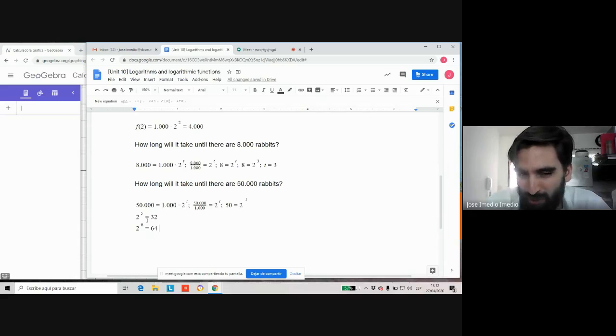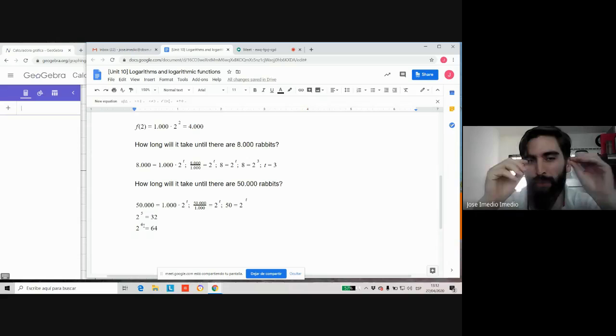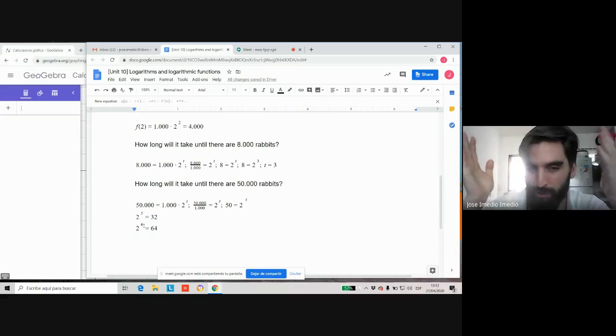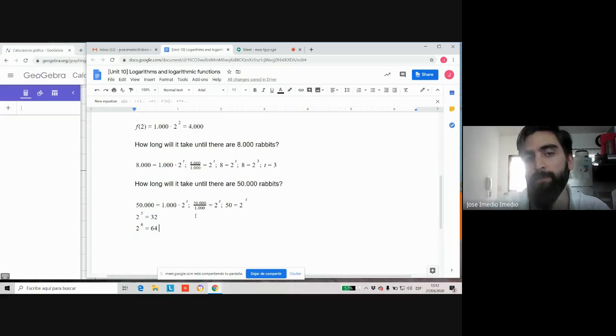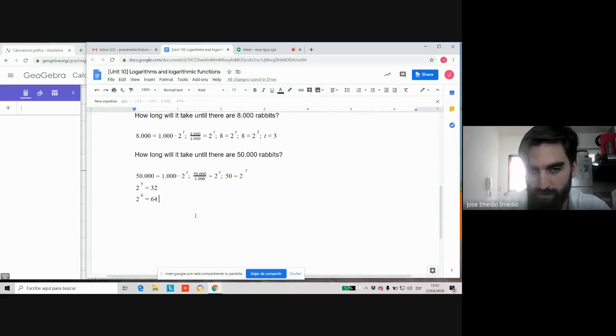I don't know how to get something accurate in the middle. I don't know yet how to solve that. So, guys, we need something to get to that point. So here's where the logarithm comes in.